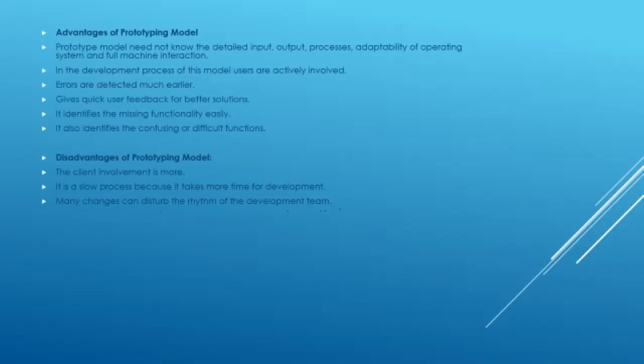In that, number 1 is that the prototype model need not know the detailed input output process, adaptability of operating system, and full machine interaction. In the development process of this model, users are actively involved. Errors are detected much earlier. That means in the earlier stage, we are detecting the errors.